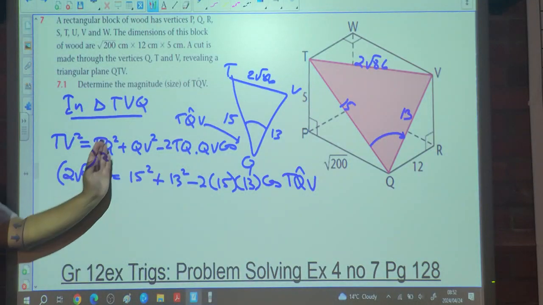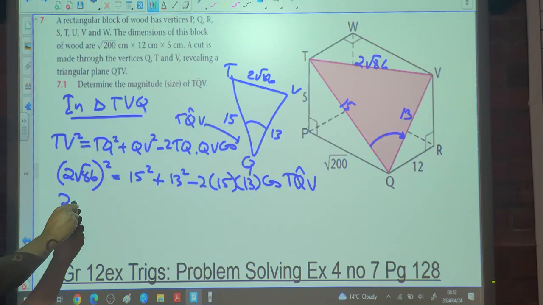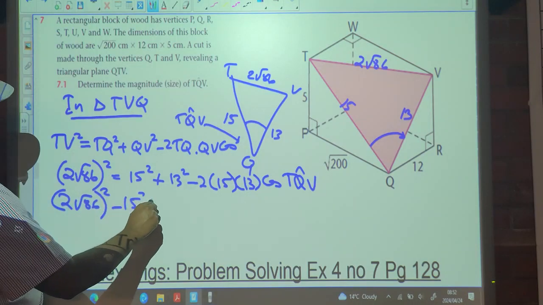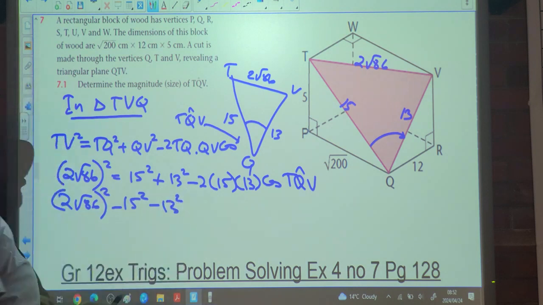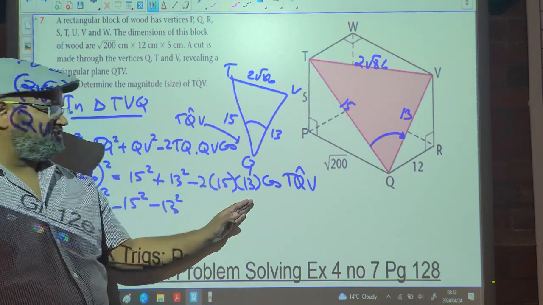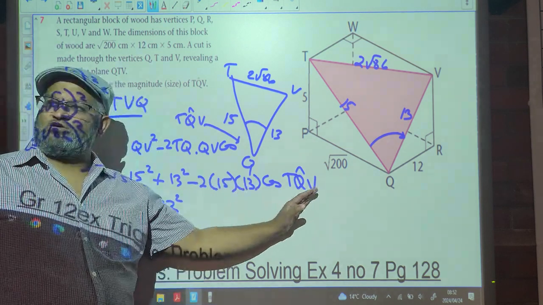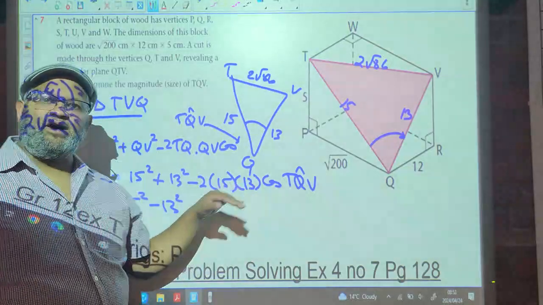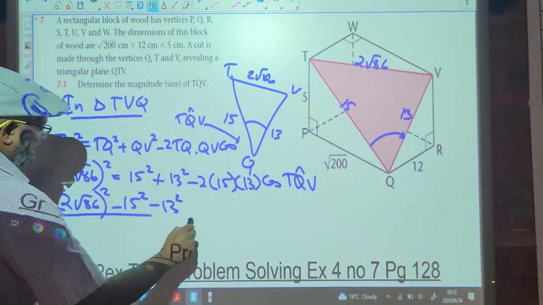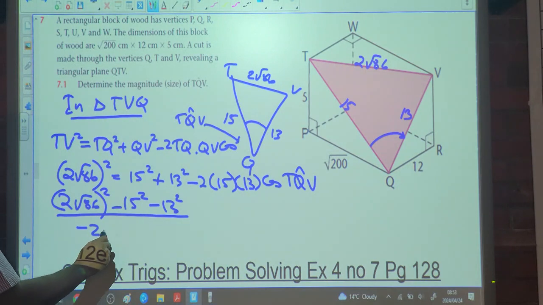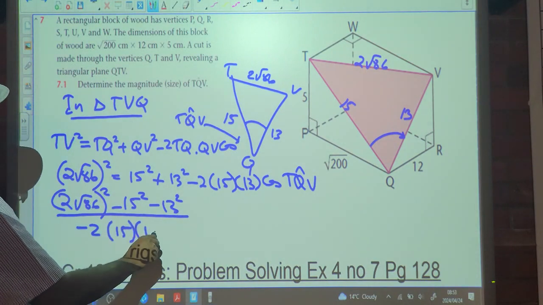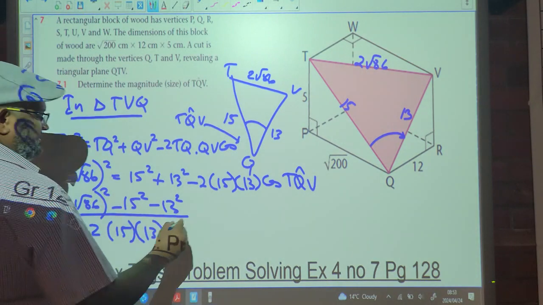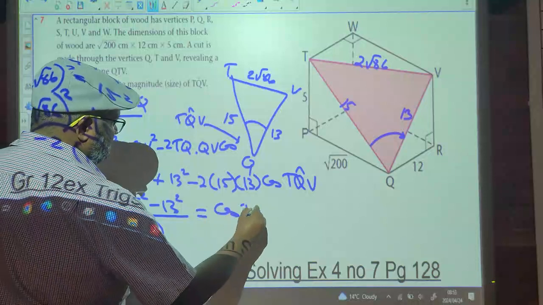So what I do is I take 15 and 13 over, so it's 2 root 86 squared minus 15 squared minus 13 squared equals negative 2 times 15 times 13 cos of that angle. So I divide by this coefficient there, by negative 2 times 15 times 13, is equal to cos TQV.